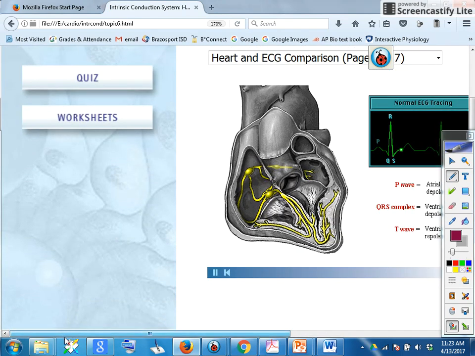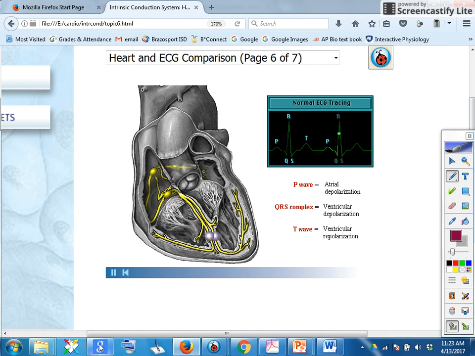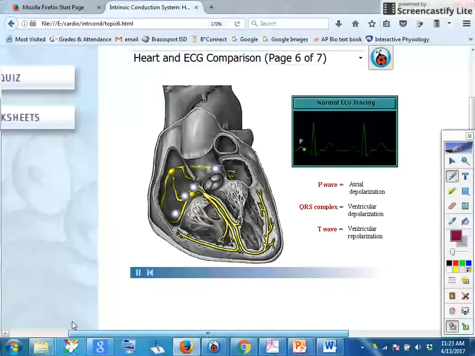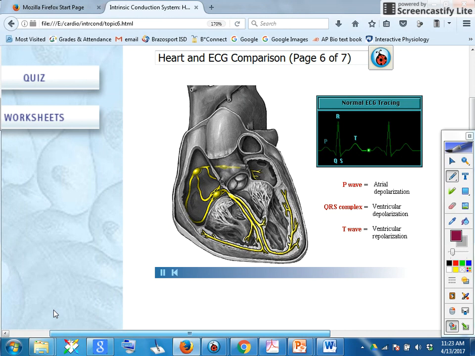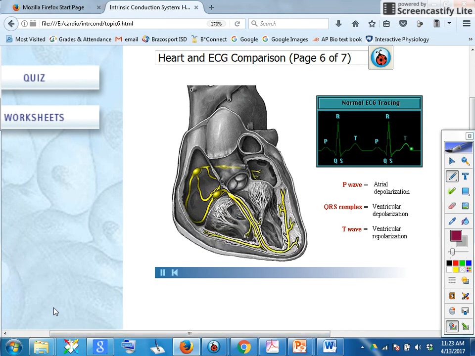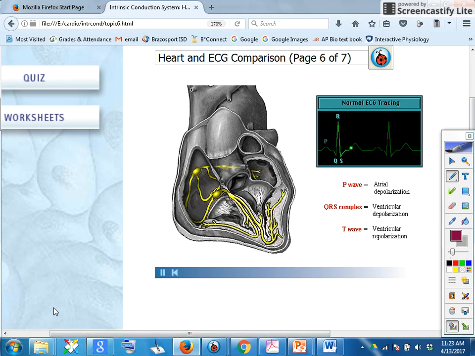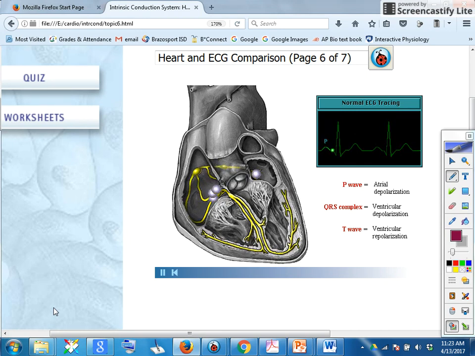These diagrams show the correlation between heart electrical activity and an ECG wave tracing. The P wave represents atrial depolarization, which is followed by atrial contraction. The QRS complex represents ventricular depolarization, which is followed by ventricular contraction.